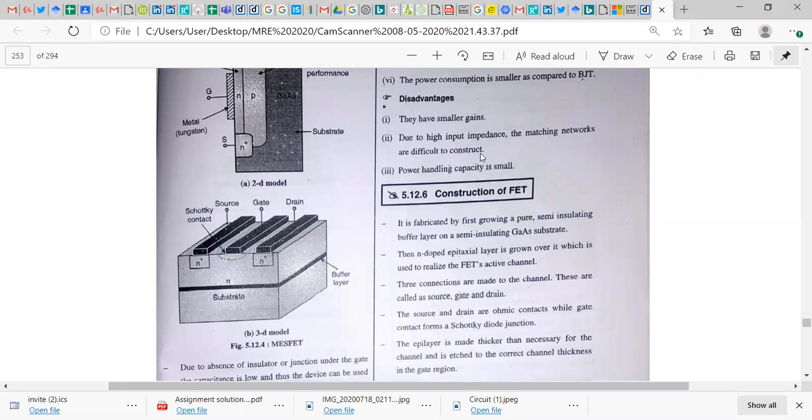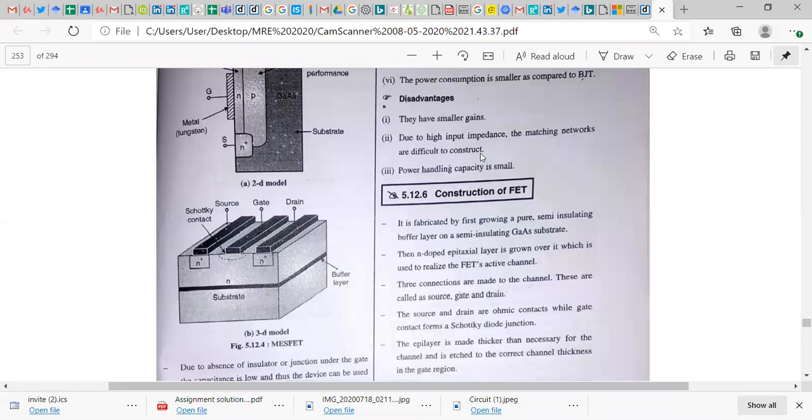Due to high input impedance, it is difficult to construct the matching networks. But at microwave frequency we use waveguides for transmission. The transmission line is nothing but waveguide over there. Waveguide is already having high impedance. Suppose I have used a waveguide to receive a microwave signal from the source.